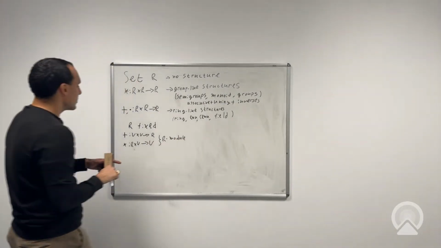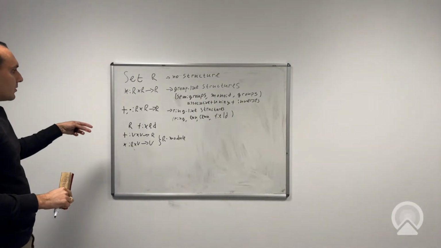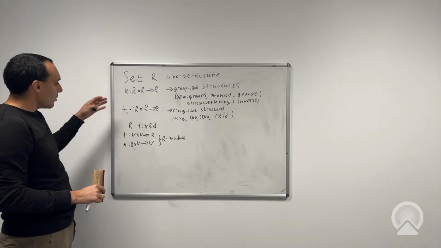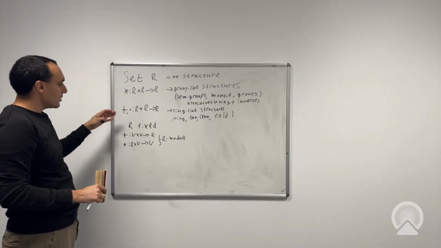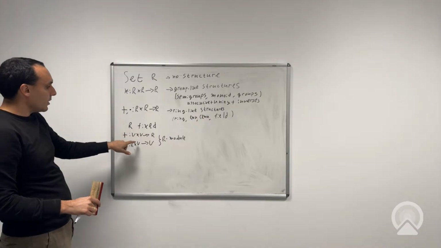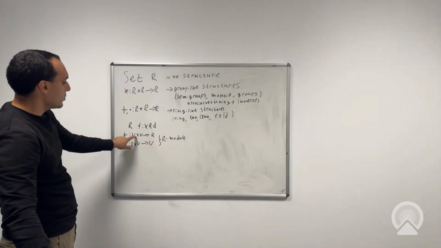We built the terminology for rings because we want to be able to say we have a commutative ring with unity fixed, and then we do many operations on the space V, which is the R-module.